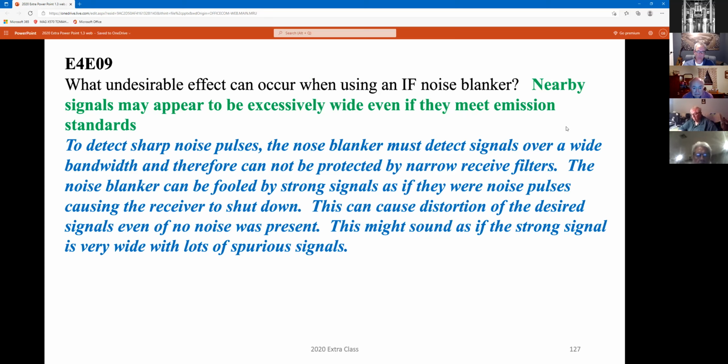Now you'll end up getting distortion, and it's mostly due to the way that an IF noise blanker works. It's got to look across a wide bandwidth, and when you narrow the bandwidth, it isn't quite as effective. Okay.